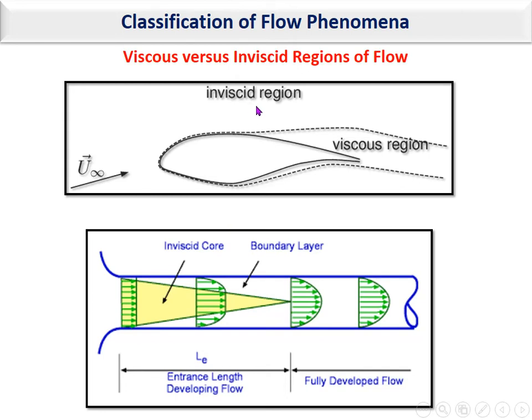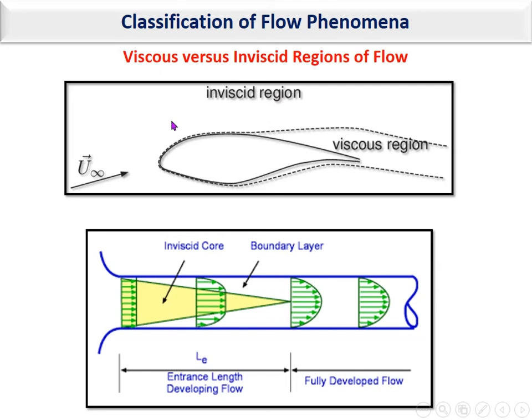The same applies here. This is the boundary layer around an airfoil. Here there is another definition instead of boundary layer. We'll discuss it later, but consider this as a boundary layer around an airfoil. The flow within the boundary layer where the viscous effects dominate is the viscous region, and the flow outside the boundary layer is called inviscid region.